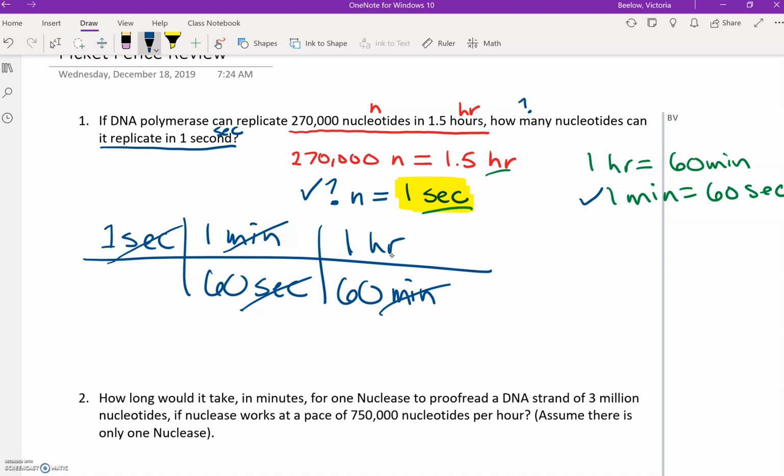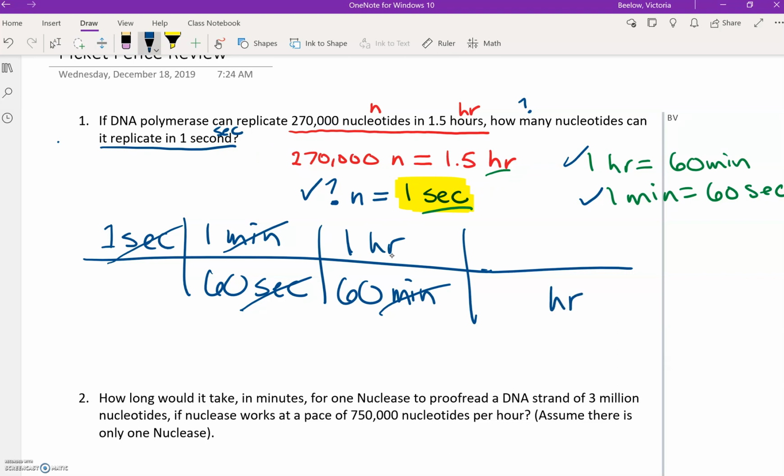But hours is not what I want my final answer in. I want my final answer in nucleotides. That's what we're trying to solve for. So I use this equality. My only one left that I have to use is this one right here. So again, same exact thing. I see hours here, so I'm going to have to put hours in the bottom.